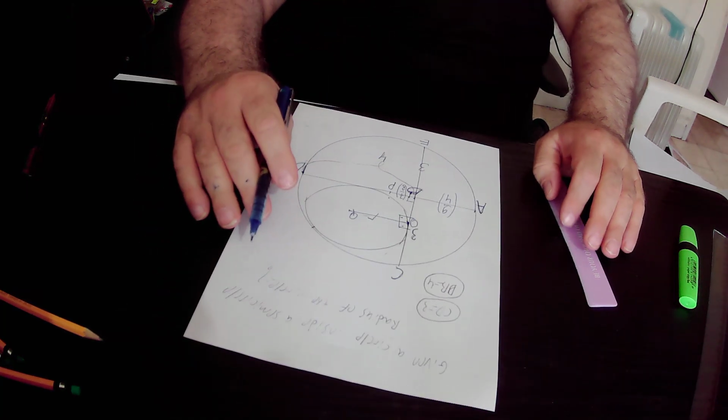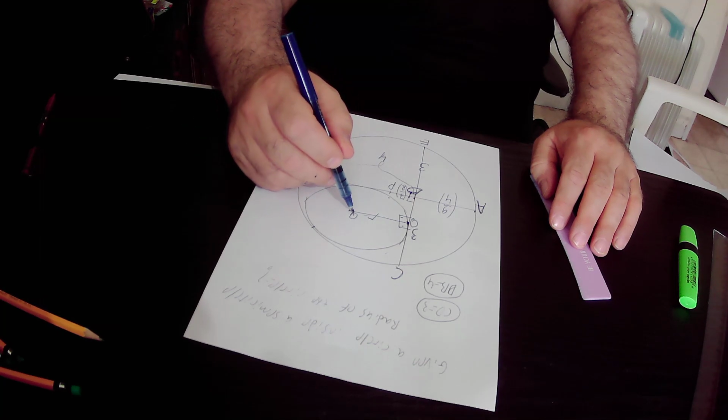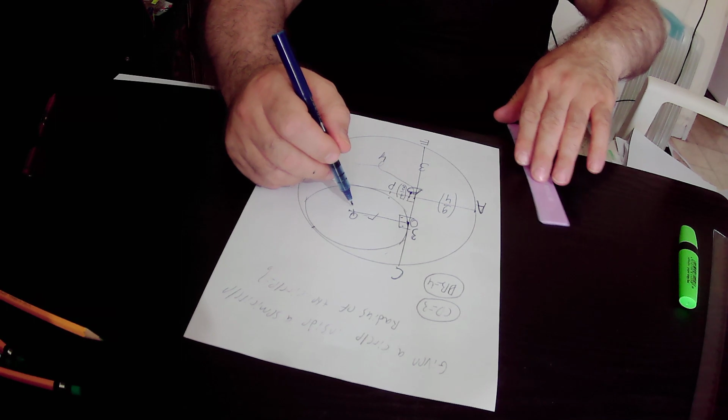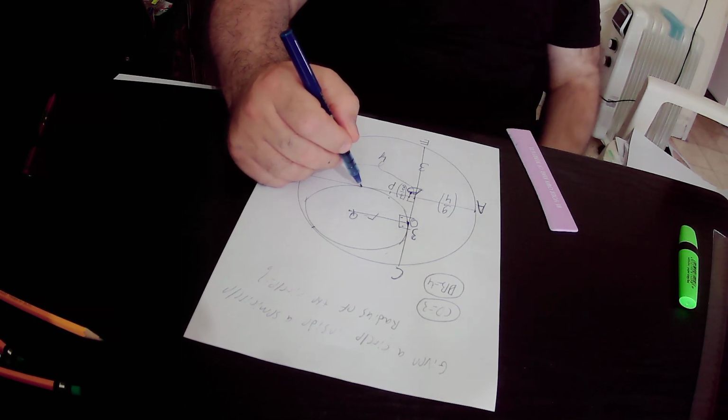And likewise, from the center of this small circle Q, we'll draw the radius to the point of tangency.